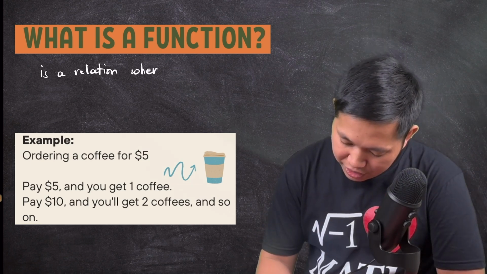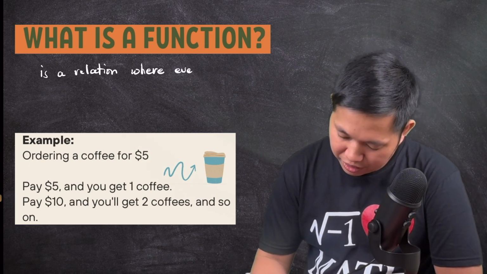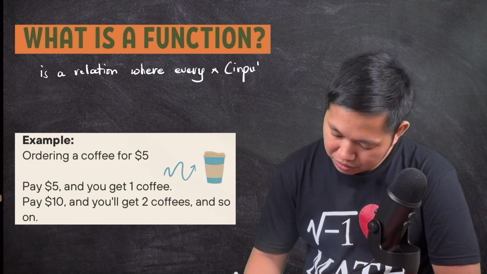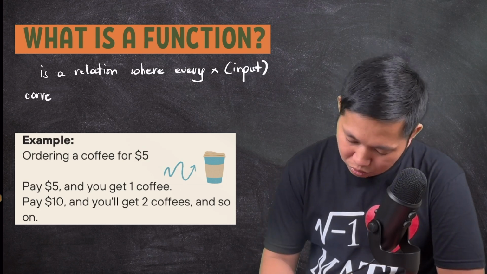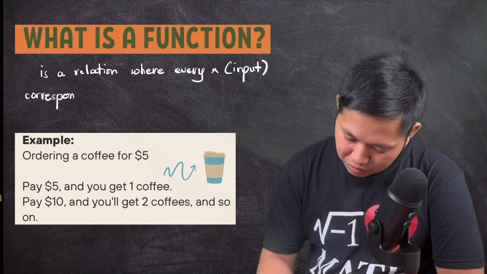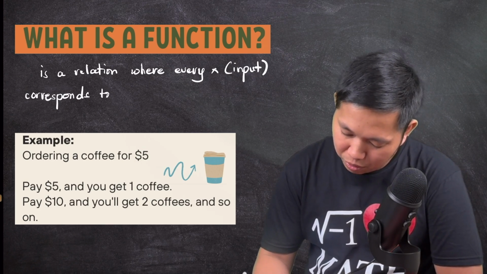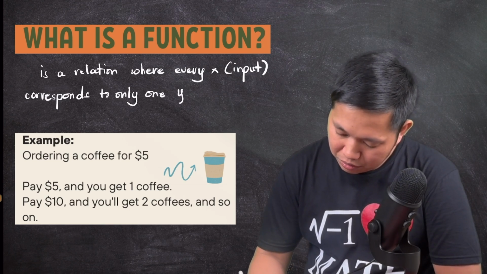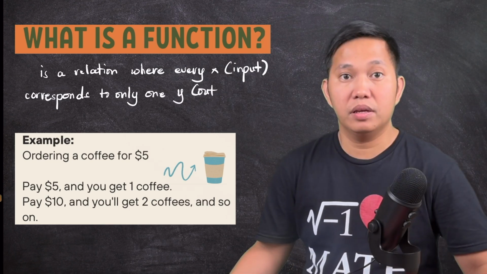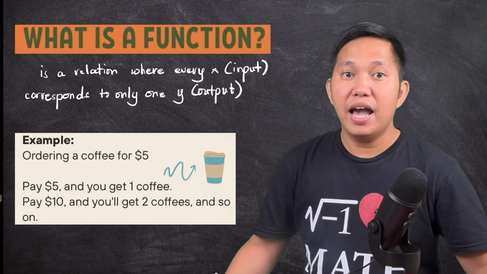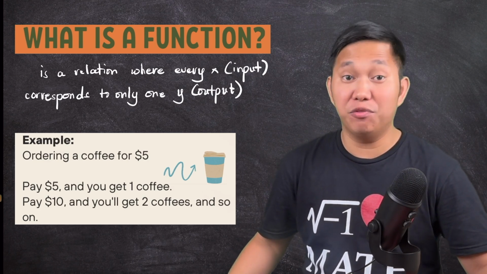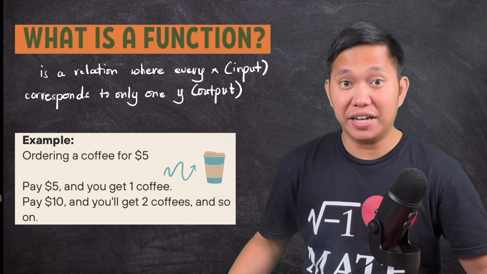A function is a relation where every x, or input, corresponds to only one y, or output. In other words, a function assigns exactly one or unique value of y to each value of x.